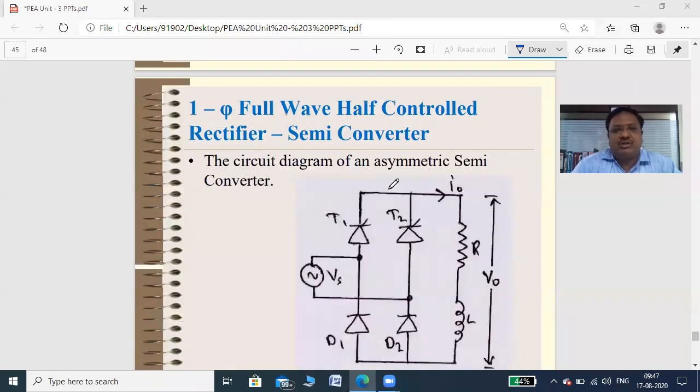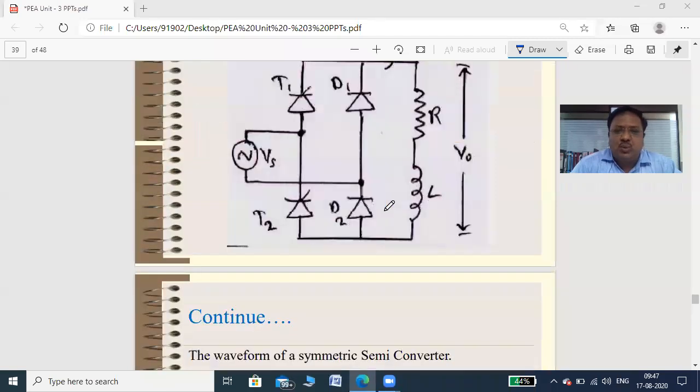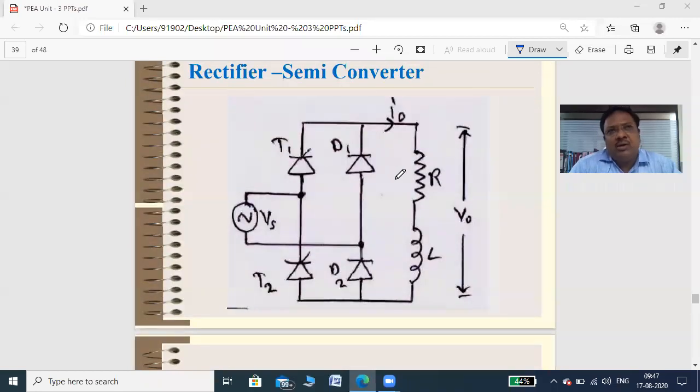So this configuration is called an asymmetric configuration. Both are used. The output waveform, even the equations, load equation, load current, everything is the same. Just the configurations are different. So we can have a symmetric as well as asymmetric.